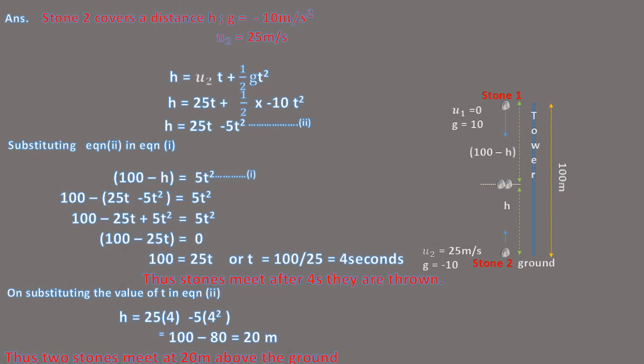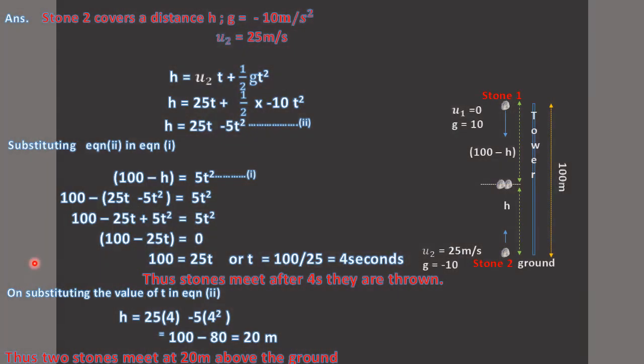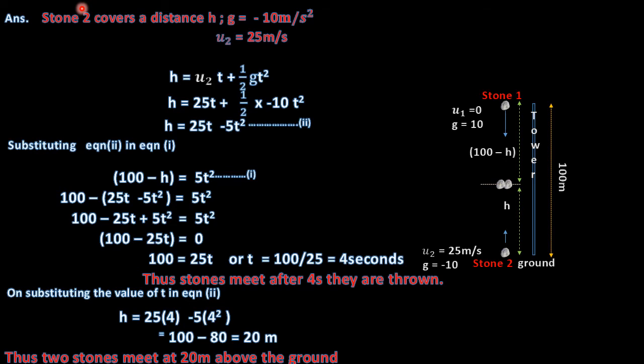So children, we are continuing the same question. Let us try to form an equation for stone 2. Stone 2 covers a distance h as we discussed. g is negative 10 meter per second square. The velocity with which it is thrown, that is u2, is 25 meter per second.